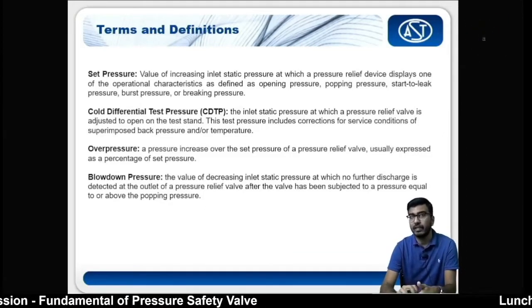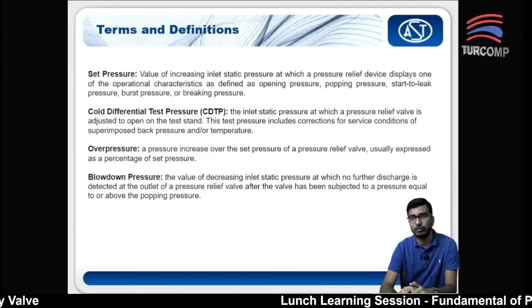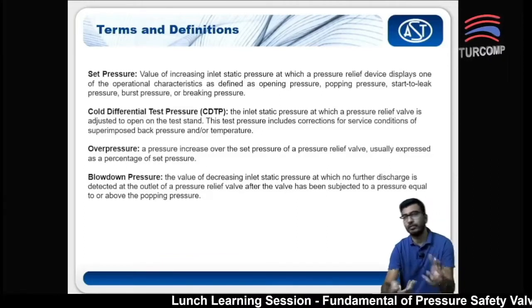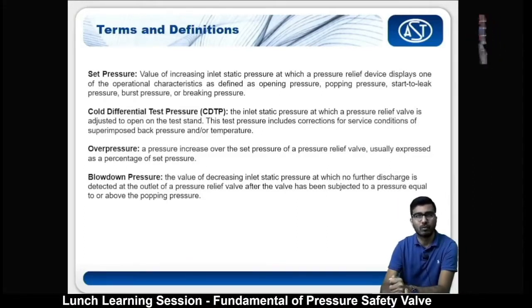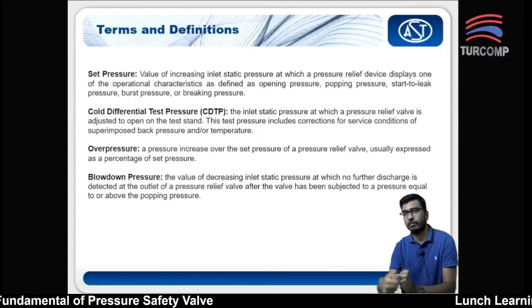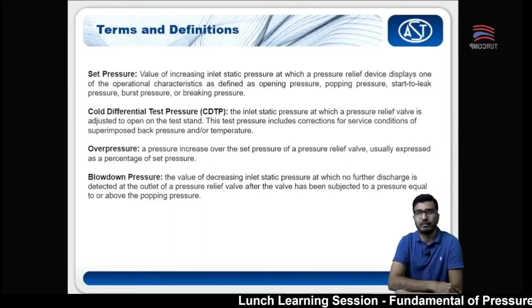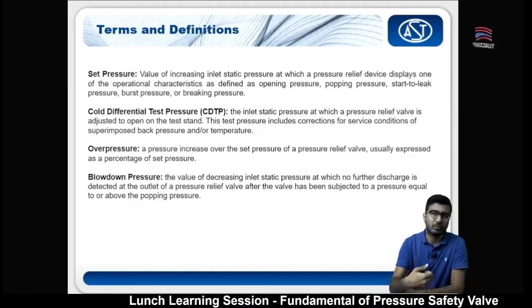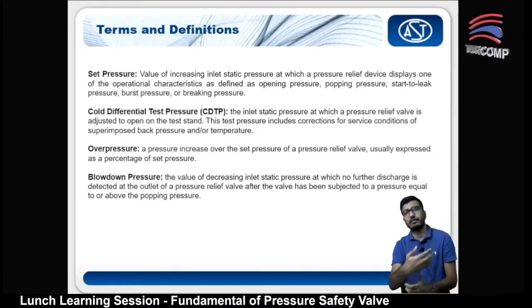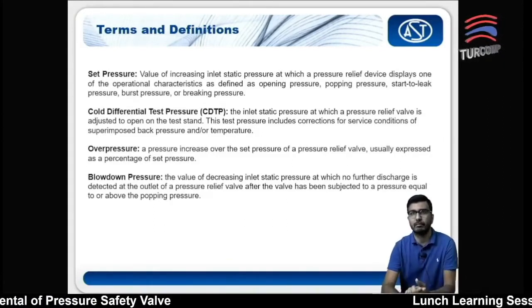So this test pressure includes correction for service conditions of superimposed back pressure or temperature. Meaning to say, when your valve is designed, let's say at 10 bar, some of the plant operators say let's increase it to 11 bar. So when you adjust that, you are adjusting the CDTP. So the set pressure remains at 10 bar, probably you want to adjust it to 11 bar. This is the CDTP value. If it's not adjusted, it's the same as set point.